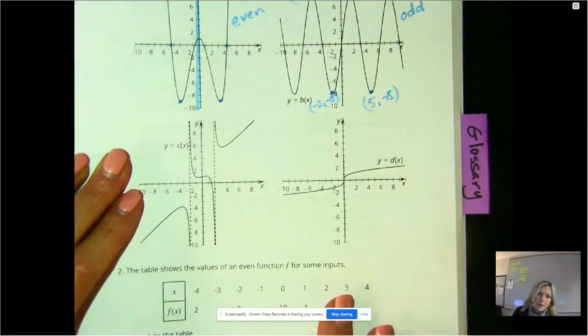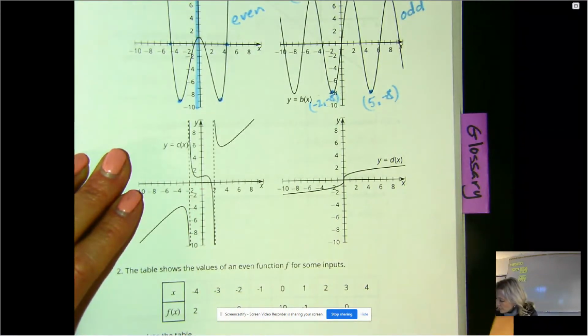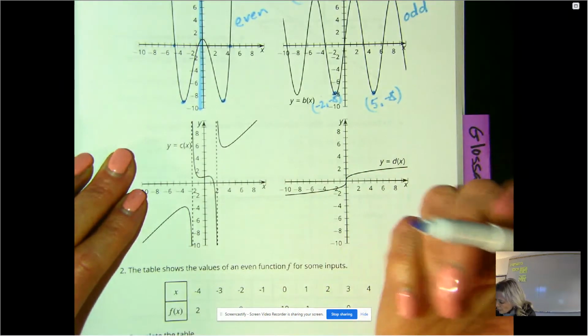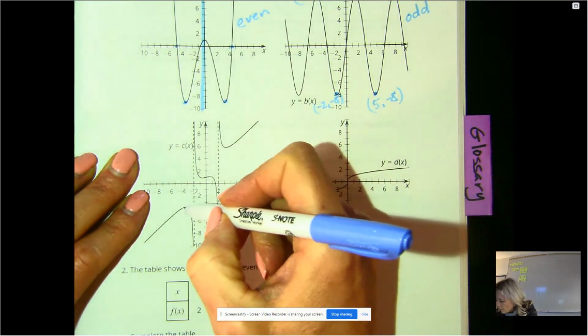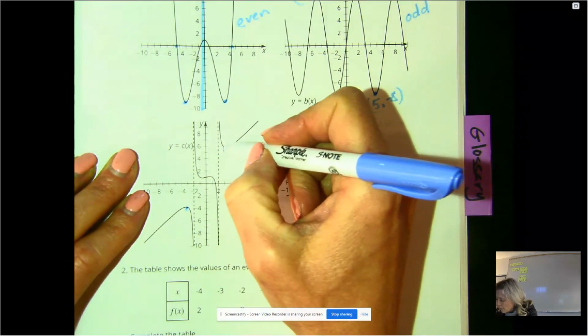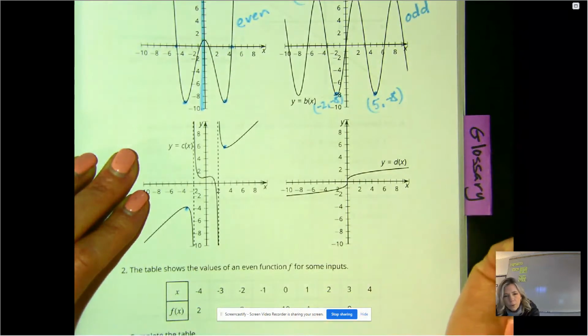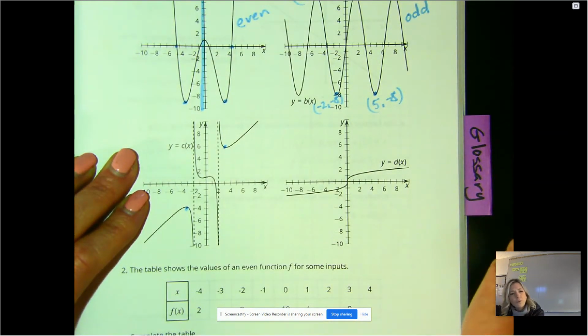The next one down here looks like it could be odd, because I've got this point here and this point here in opposite corners. But if you look closely, the values aren't even that related.